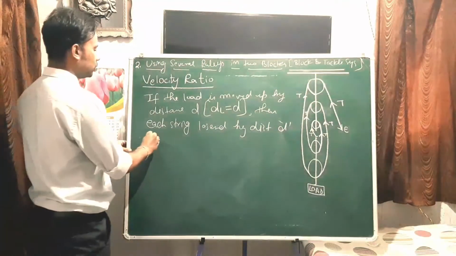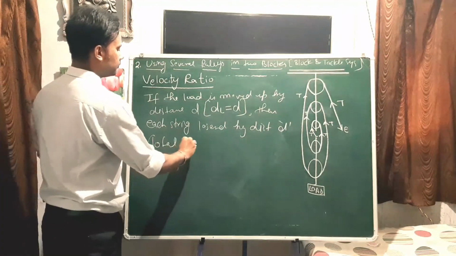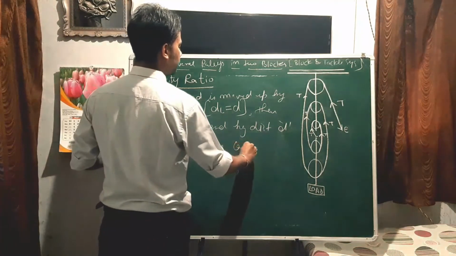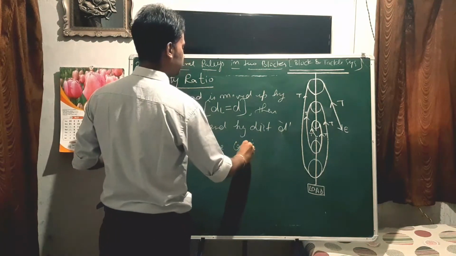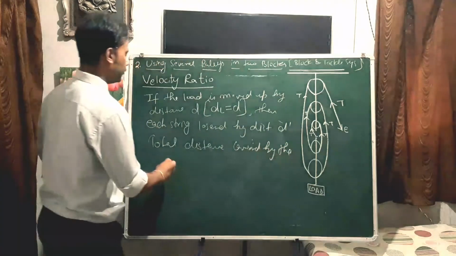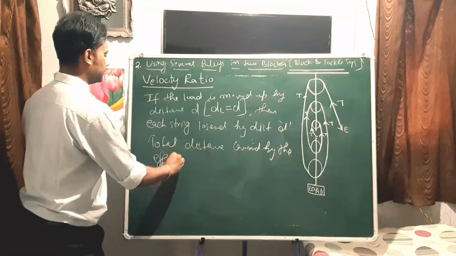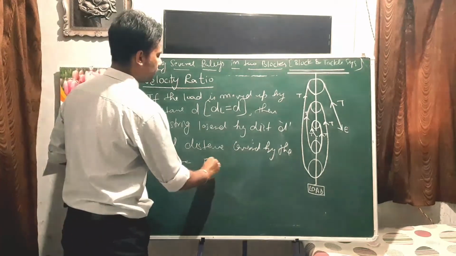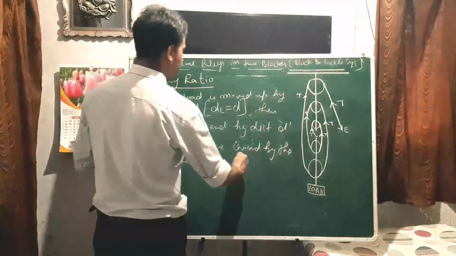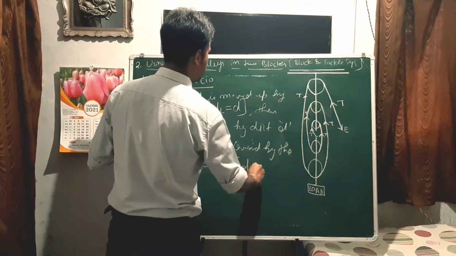So the total distance covered by the effort will be 5 into d, right? So that means we get DE.